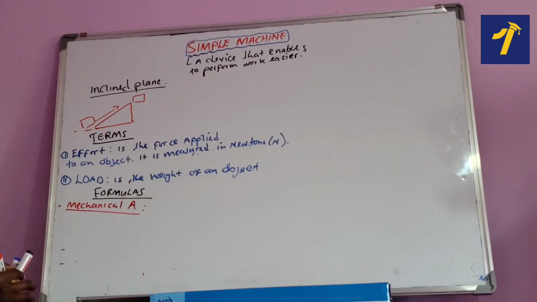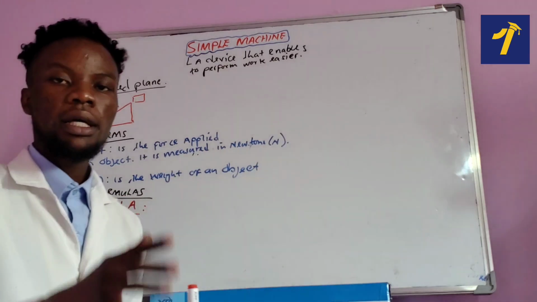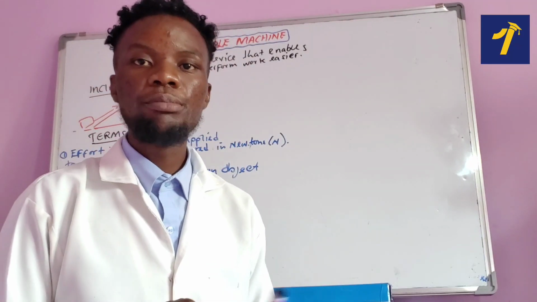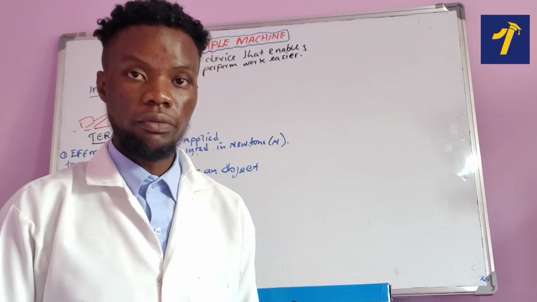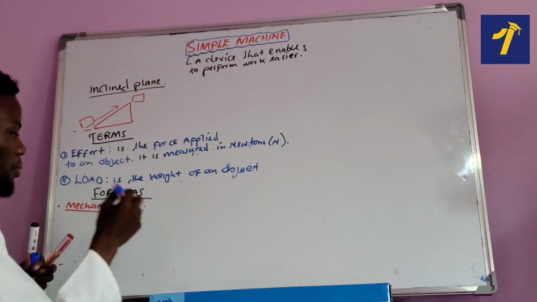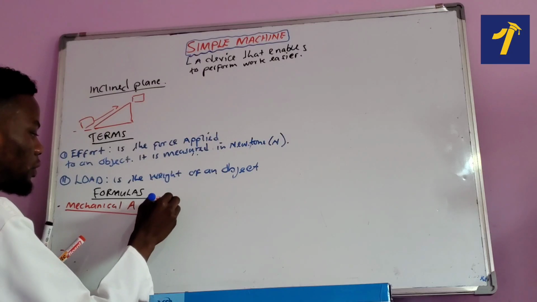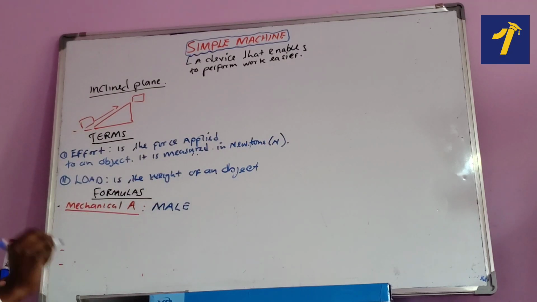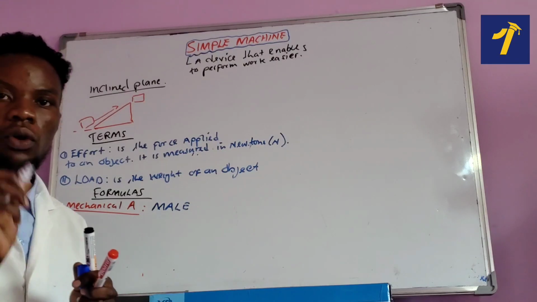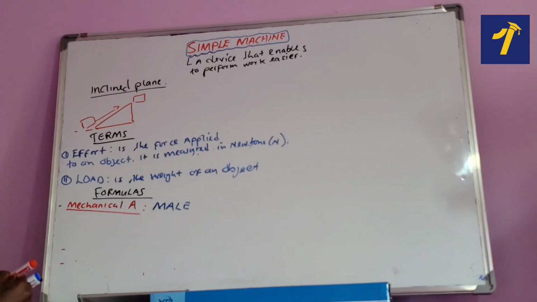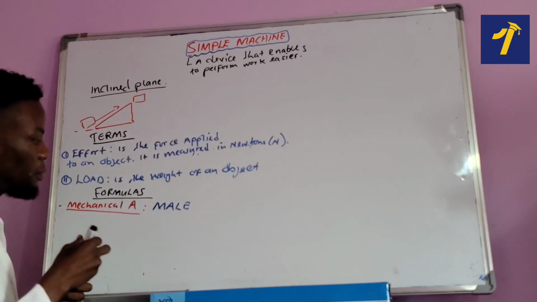For you to remember the formula of the mechanical advantage, always remember this mnemonic that I'm going to give you, which is MALE. This will help you to remember the formula for mechanical advantage. So let us write the formula now.